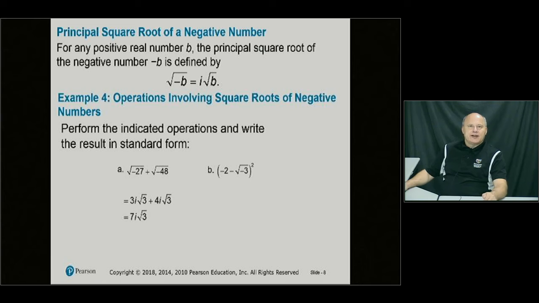Now I have two terms that are the same, i root 3 to be exact. So we have 3i root 3 plus 4i root 3. This is like saying I have 3 apples, I'm going to add 4 apples to it. That's 7 apples. i root 3 is the apple. So 3i root 3 plus 4i root 3 is 7i root 3.